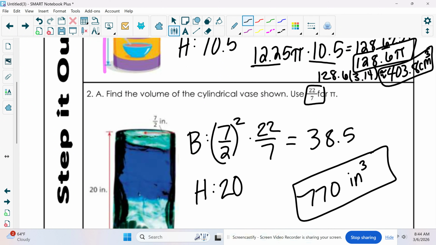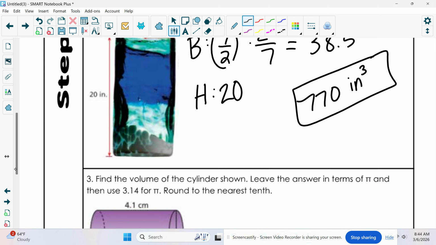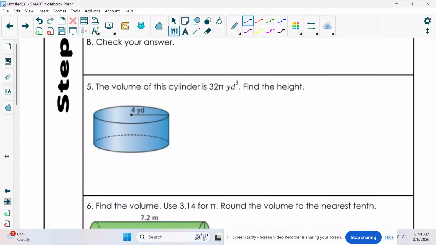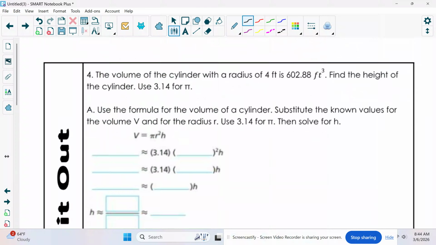Alright, moving on, we're gonna skip number 3 since y'all got that one right. And this is kind of where, when you have to start finding for a different part of the formula, sometimes you're like, okay? But you can do it because if you can solve for an equation, you can do this.